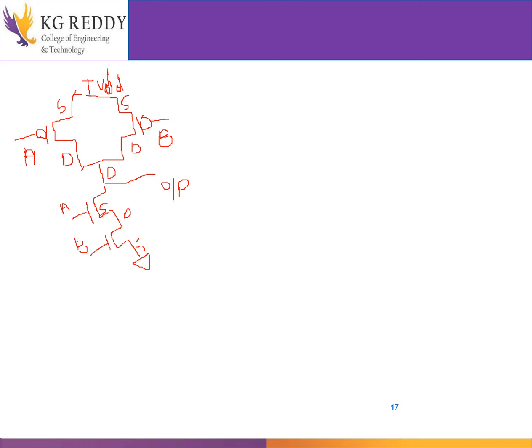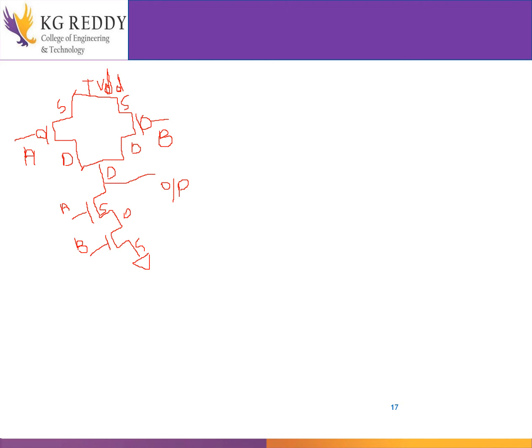Suppose I use A plus B, then the PMOS transistors will be in series, and the NMOS transistors will be in parallel. That means this is exactly the opposite connection to this. So now, for this circuit we will be drawing a stick diagram.